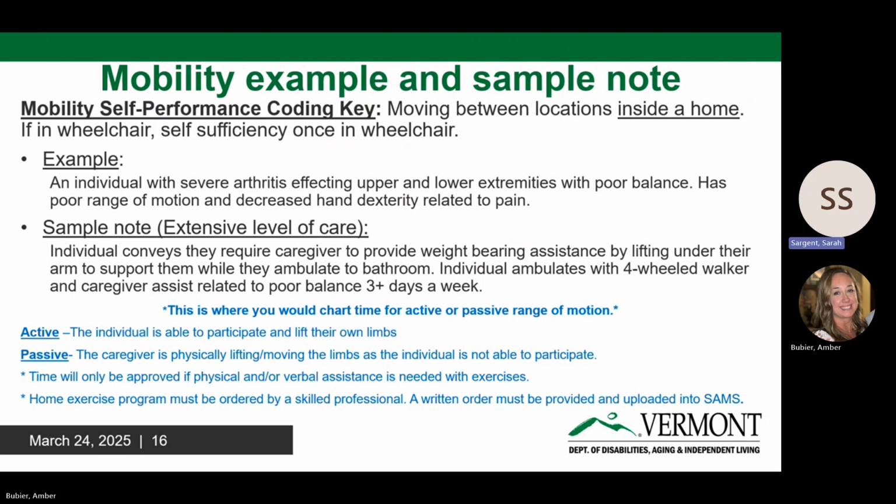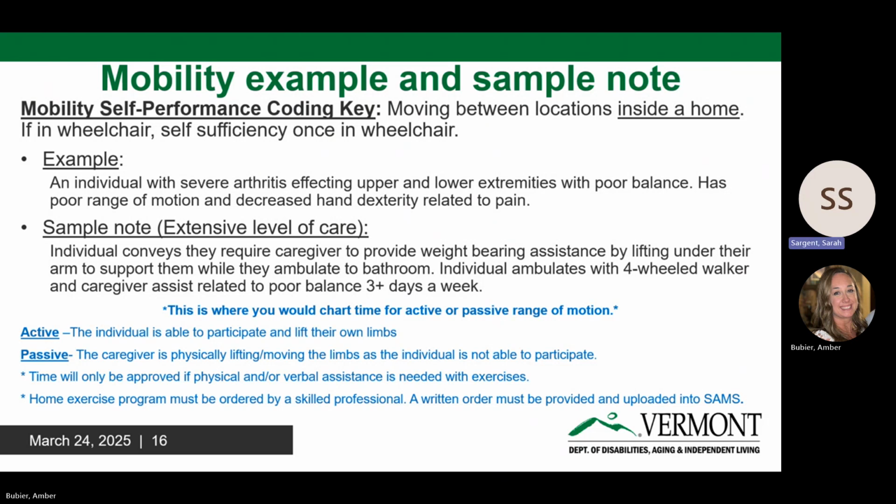This is where you would chart time for active and passive range of motion. Active range of motion can be defined as the individual is able to participate and lift their own limbs. Passive range of motion can be described as a caregiver physically lifting and moving the limbs as the individual is not able to participate.